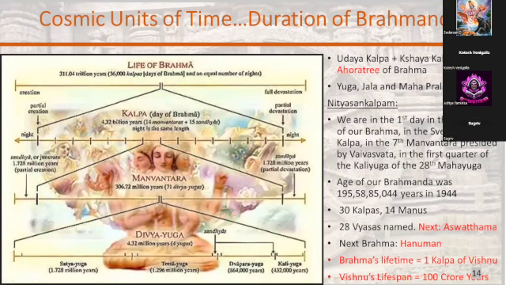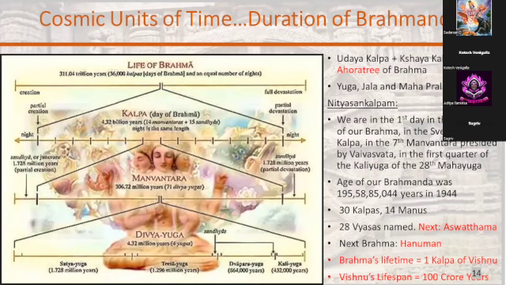And one Parardha is divided into 14 Manvantaras. I'm sorry, a Kalpa. Each Kalpa is divided into 14 Manvantaras. So this is the breakdown. Okay, actually, I heard something different, like 100 years, 100 kalpas. The 100 years, one life of Brahma, is called a Param.